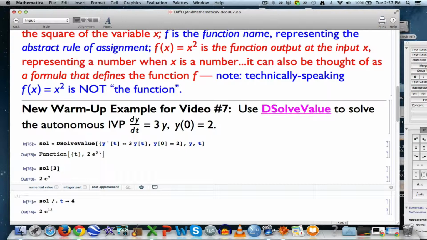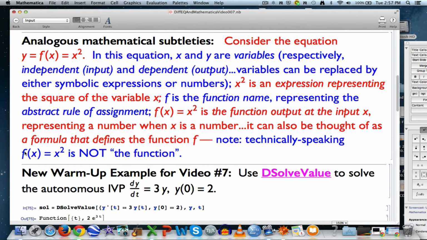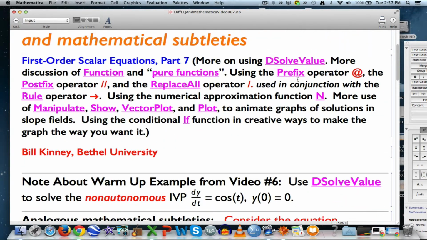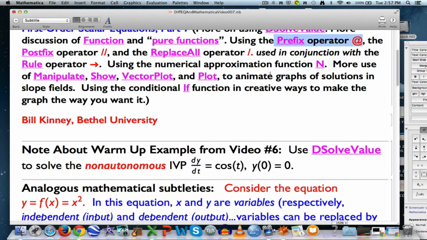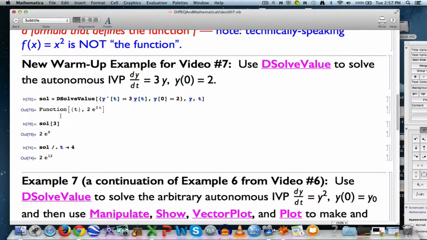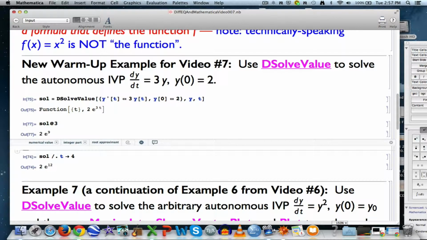You can also do what are called prefix or postfix operations to do this calculation. The at symbol is the prefix operator. Instead of using square brackets, as an alternative that is sometimes useful, I can do sol at 3 and get the same answer.